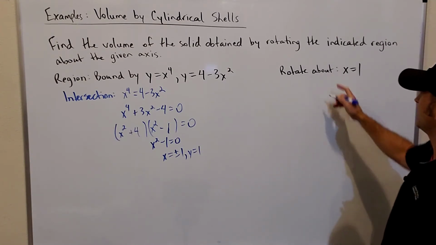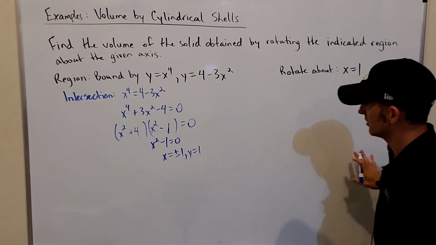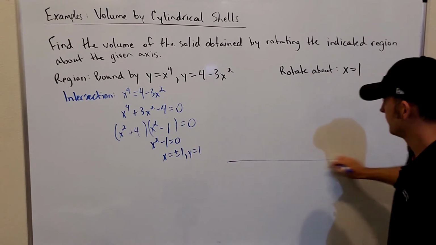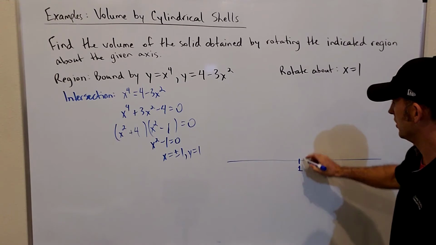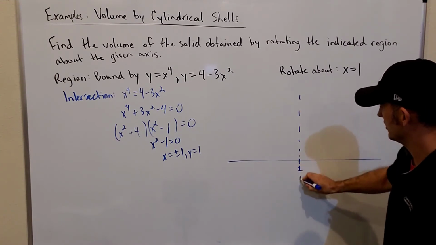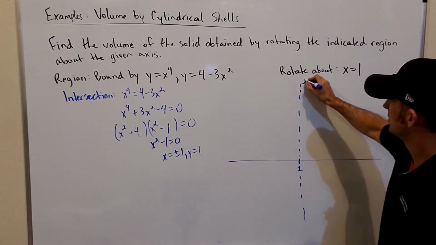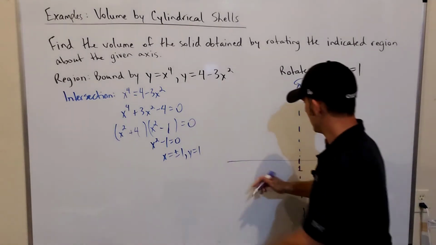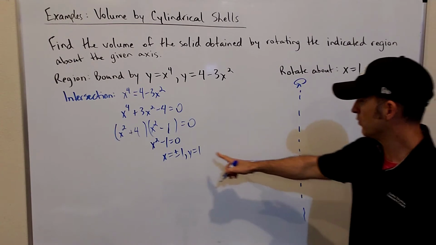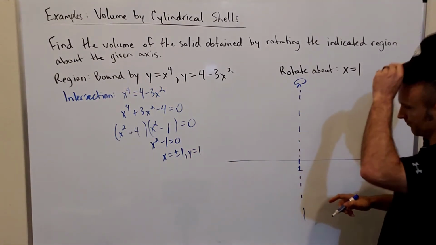All right, we're rotating around a vertical line, so I need more horizontal space to rotate. Let's put our axis of rotation in the middle. So there's x equals 1, and we're rotating about this line. I know that my points of intersection happen at negative 1 and positive 1.